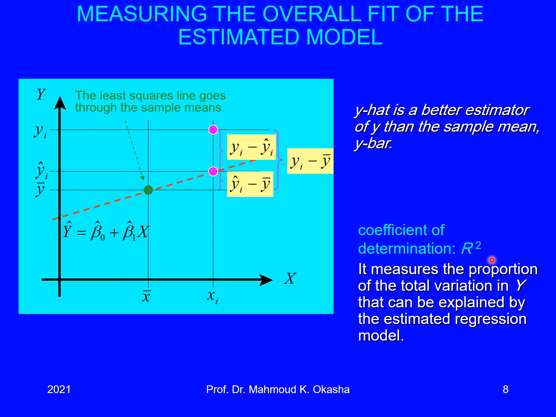If we say that it explains 70% of the variation in y, then the rest is 30%. This 30% is due to unexpected factors or unmeasured factors, like intelligence or whatever.